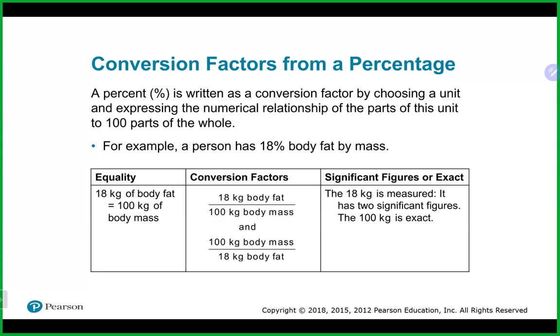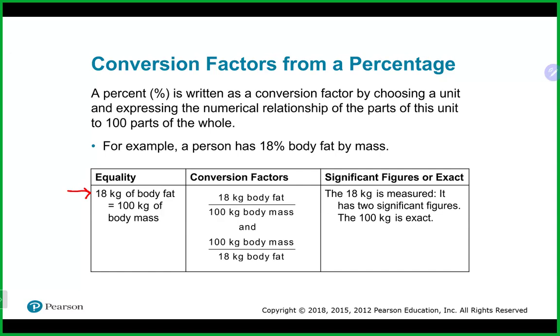So here, for example, we have 18% body fat by mass. That means, for example, one version of that is 18 kilograms of body fat and 100 kilograms of body mass. Basically just assume 100 and you have 18 kilograms out of 100. You could also do that with pounds if you wanted to. That would mean that there is 18 pounds of body fat per 100 pounds of body mass.